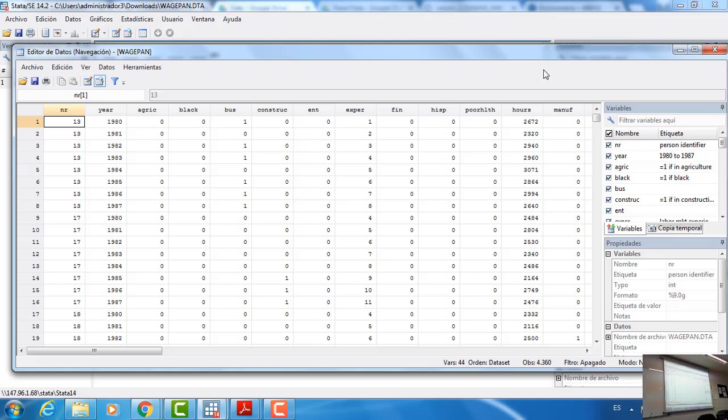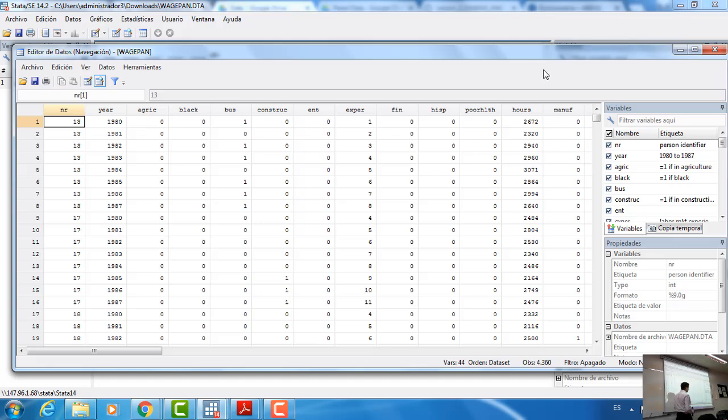The structure of the data set is there in individual and year, because the rest of the variables may be there or not, or may be accessible or not. But if the individual identifier is not there, we're dead. If the year identifier is not there, we're dead. So this gives the structure.